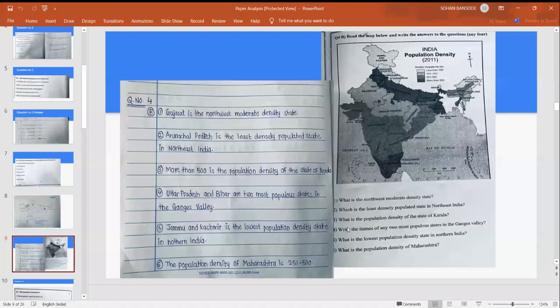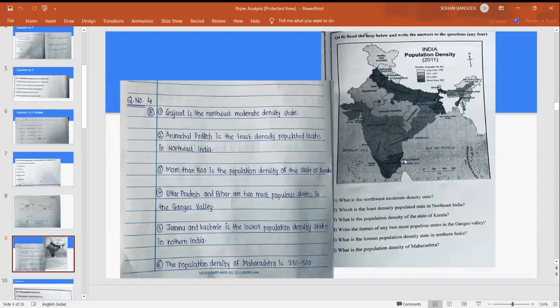Next question is: write the name of any two most populous states in the Ganges Valley. That means where the Ganga River flows, whichever states are located there are densely populated. Among them, we all know that Uttar Pradesh is the largest state in India and it is densely populated.